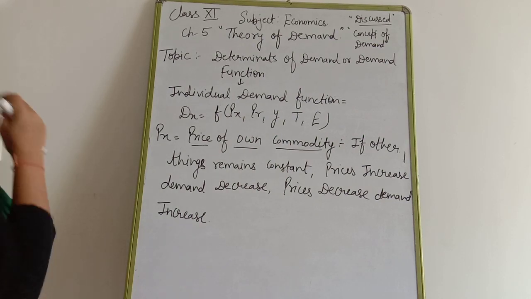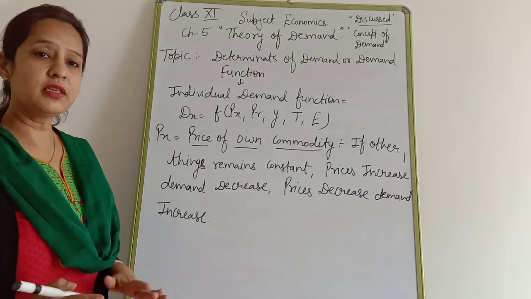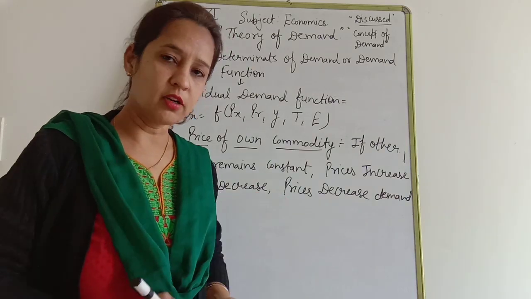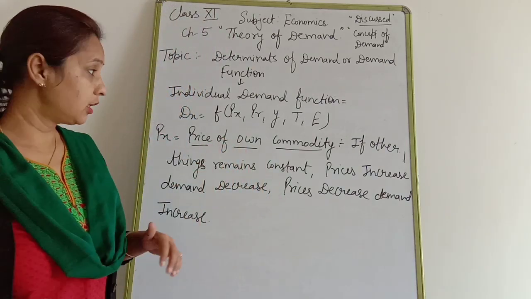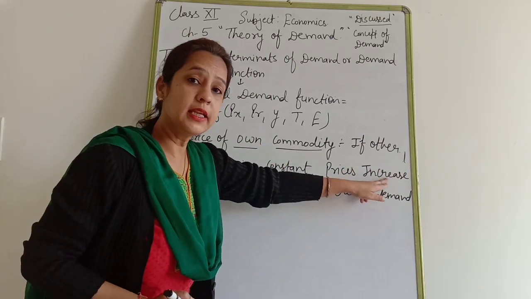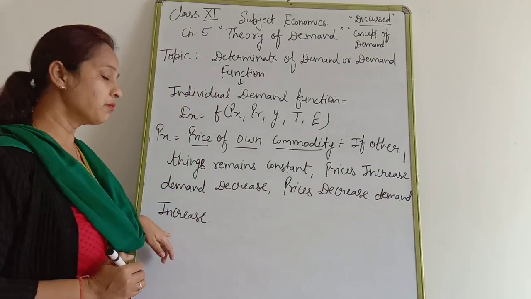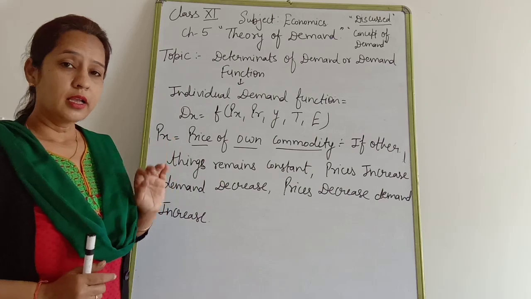Price of own commodity, which is denoted by Px. If other things remain constant, when price increases, demand decreases. When price decreases, demand increases. Clear?